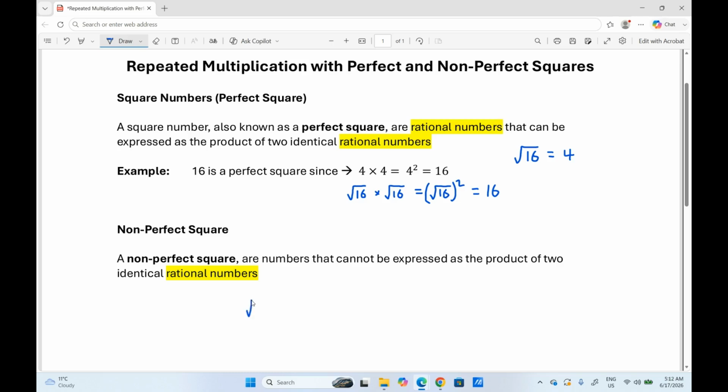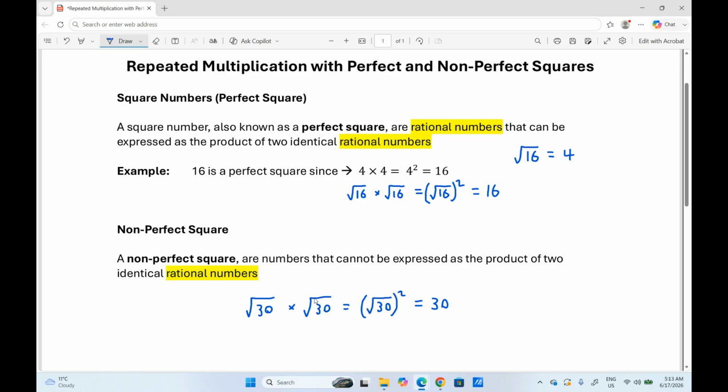So recall, if I take the square root of 30 and I multiply it by the square root of 30, technically now I just get the square root of 30 squared, and then I eventually just get the answer inside of my square root, which is 30. So as a repeated multiplication, what is a number that can multiply by itself to get to the answer of 30? It would be the square root of 30 times the square root of 30.